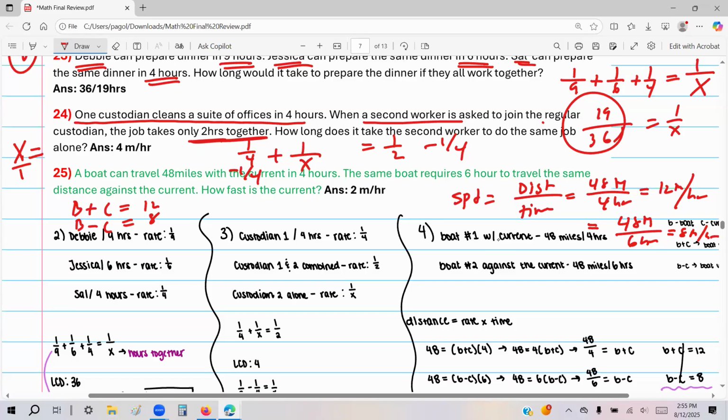So 48 miles in 4 hours gives us 12 miles per hour. We are crossing the same distance but in 6 hours. That gives us 8 miles per hour. And then you're just adding the two equations, so C cancels out, you get 2B equals 20, that means B is 10.